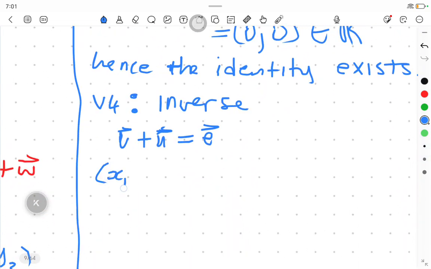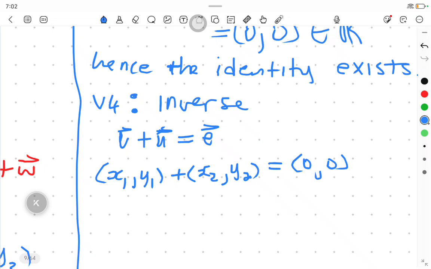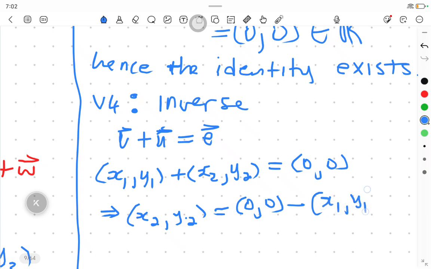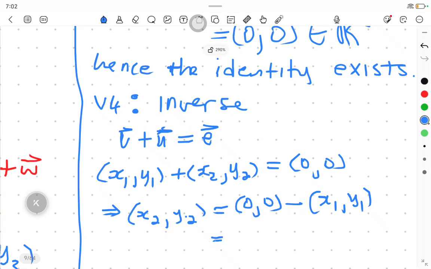This should be x1 y1 plus x2 y2, which is equal to 0 0. Then now what I need to do is find x2 y2, which should be equal to 0 0 minus x1 y1, which will be equal to minus x1 minus y1, and this will be an element of R squared.